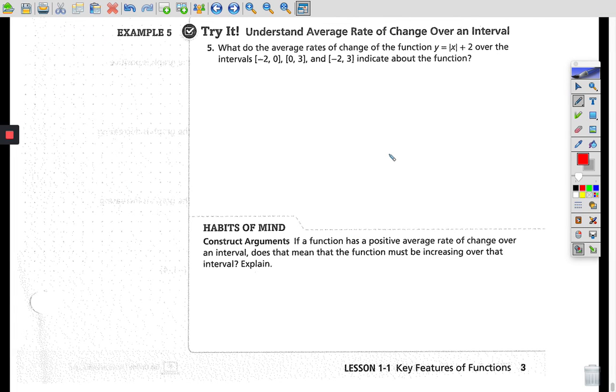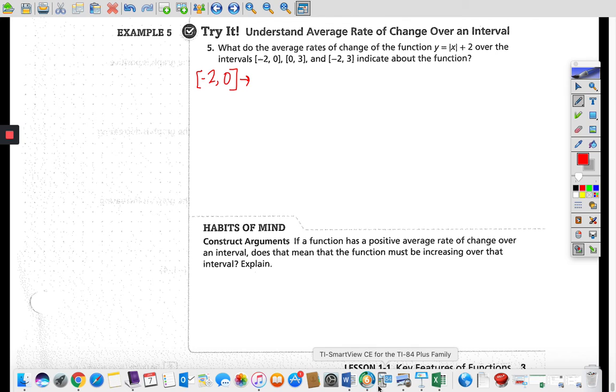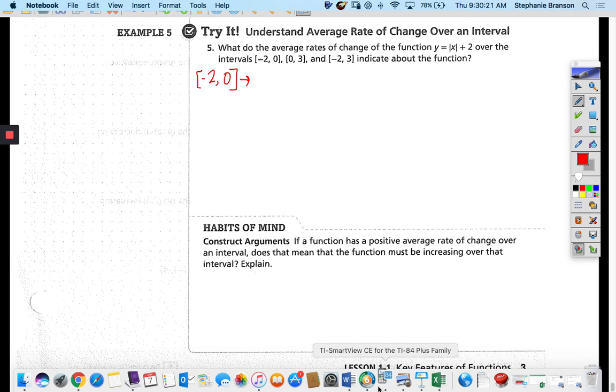So, what do the average rates of change of the function y is equal to the absolute value of x plus 2 over the intervals indicate about the function? Is it linear or not is basically what we are trying to decide. So if I look at my intervals, negative 2 to 0, and if I didn't have a way to graph this to tell whether it was linear or not, what I would do is I would just look at my table.